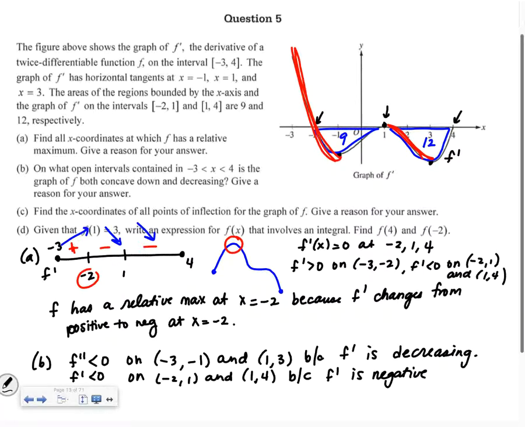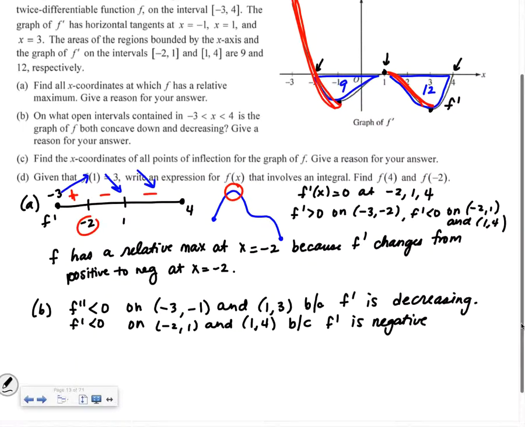All right, so we need to figure out where both of these are happening. So where are they overlapping? It's a little bit hard. If you need to, line up your sign charts, sometimes that helps. The f prime one we had above was positive, negative, negative.